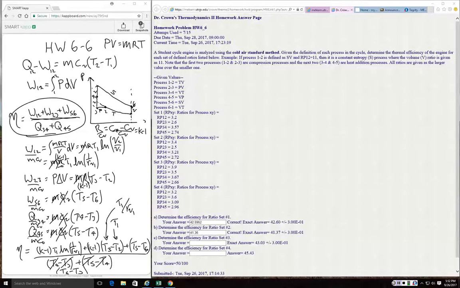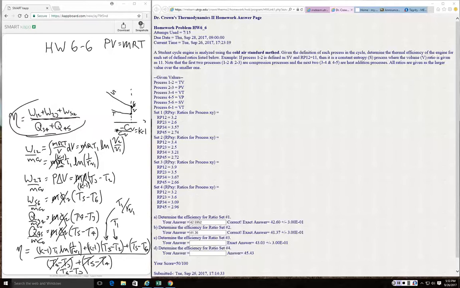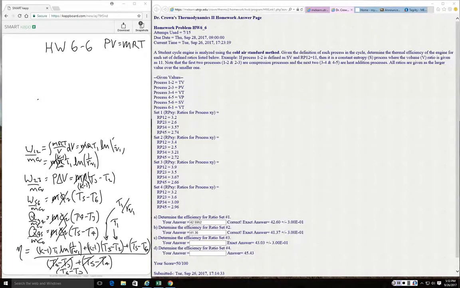I'll have a T1 in every term, and then I can get rid of the T1. And finally, I'm left with only a function of v1, v2, rp, rt, and k. I'm going to write out what I've got for the final solution. You can try and find that yourself, and if you plug in values, you should get the same answers as I got on the example problem.